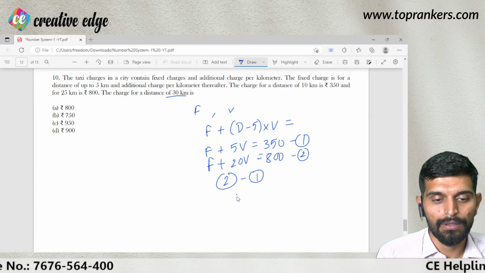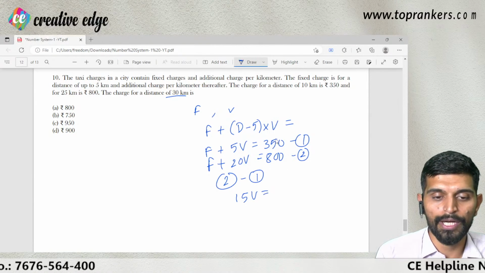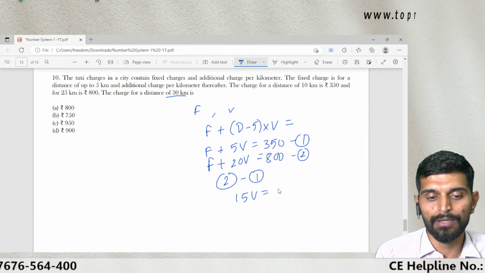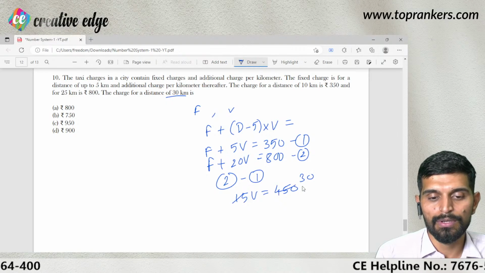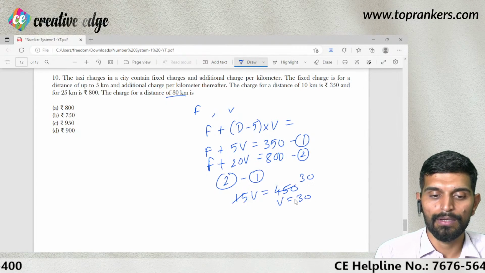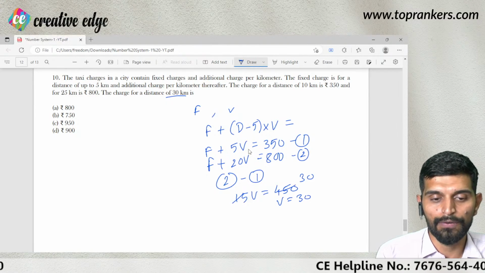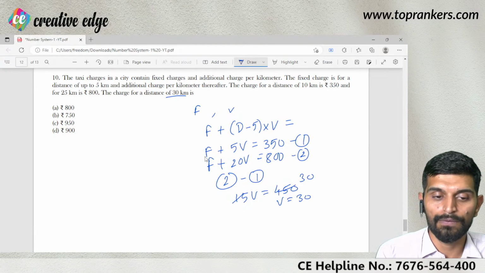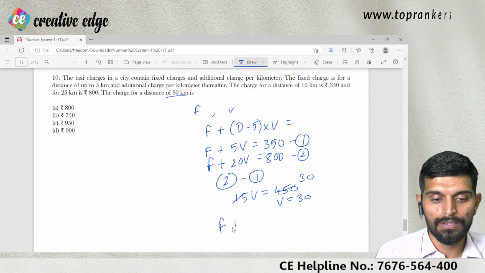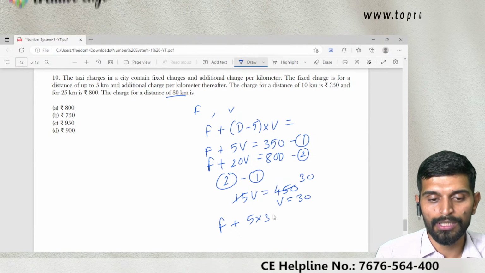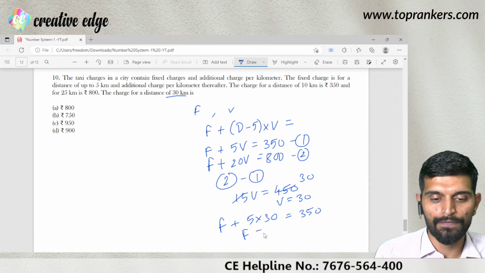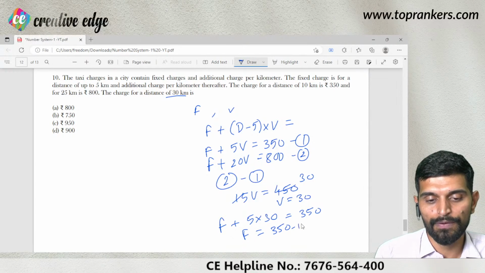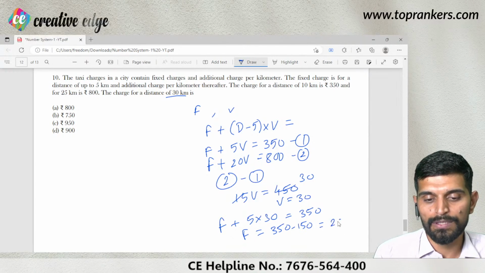We'll have 15V is equal to 800 minus 350, which is 450. So this is 15 3 times. So V is 30, right? So now substitute the value of V here to determine the value of F. So F plus 5 into 30 is equal to 350. So that will give you F is equal to 350 minus 150. So value of F is 200.